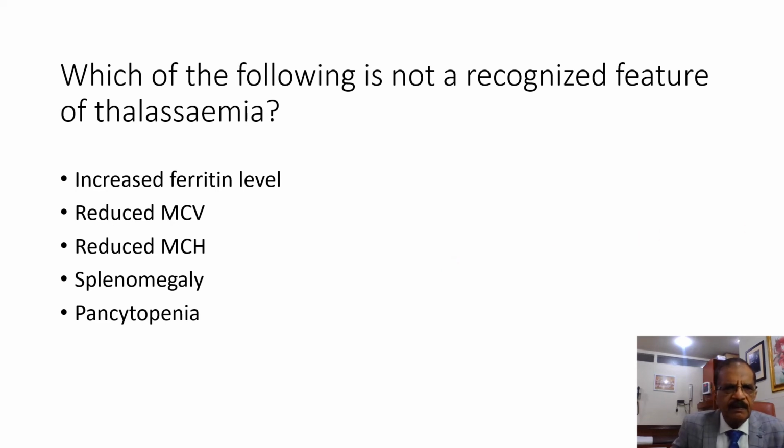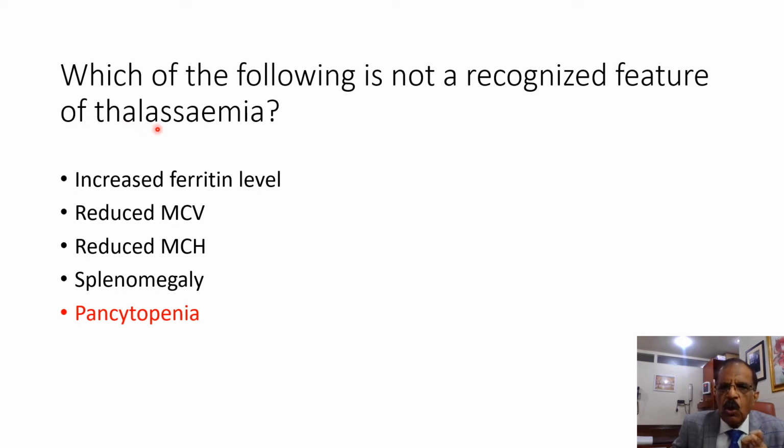I would say pancytopenia, because thalassaemia is a disorder which selectively affects hemoglobin only. In fact, not only hemoglobin, just the beta chain of hemoglobin, or in some cases the alpha chain.